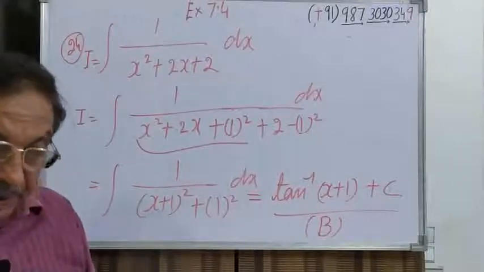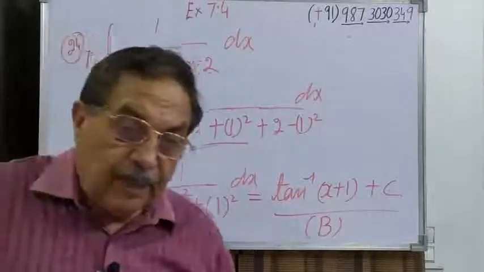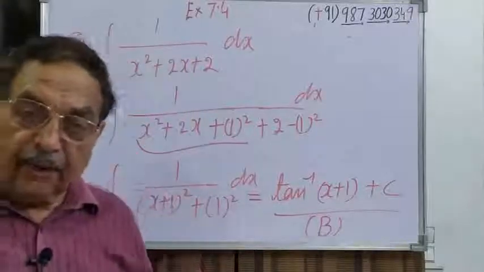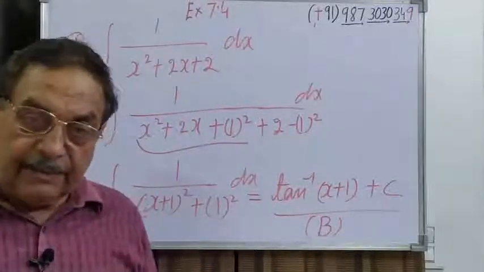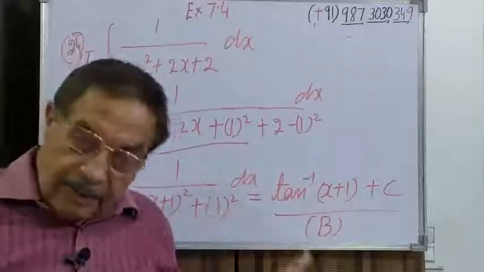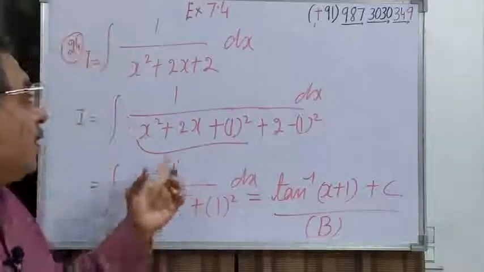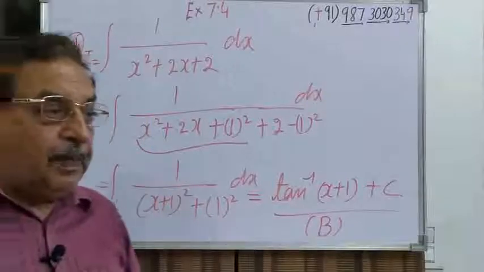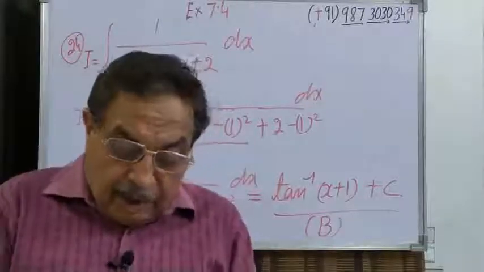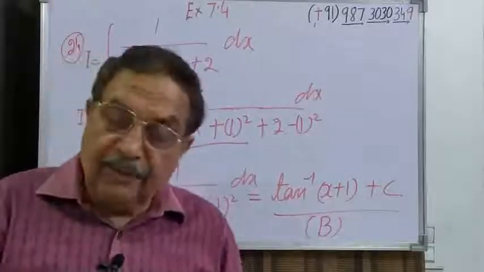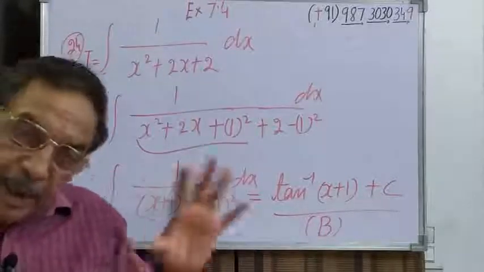First of all, what are you supposed to do? Go through the 6 formulae which I told you before the exercise, and then start doing the exercise. In every question, what are you supposed to do? We will make the denominator, whether it is with root or without root, a perfect square.